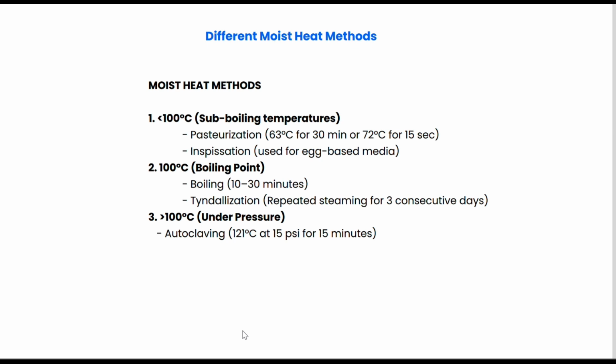Below 100 degrees Celsius, we mainly do pasteurization for foods and inspissation for delicate media. At 100 degrees Celsius, boiling and Tyndallization are used. Tyndallization is special because it allows spores to germinate and then kills them. Above 100 degrees Celsius, using pressurized steam, we have the autoclave, which utilizes the sterilizer.